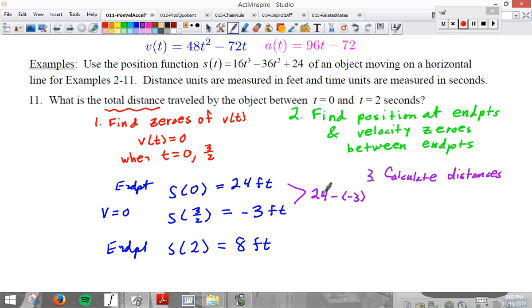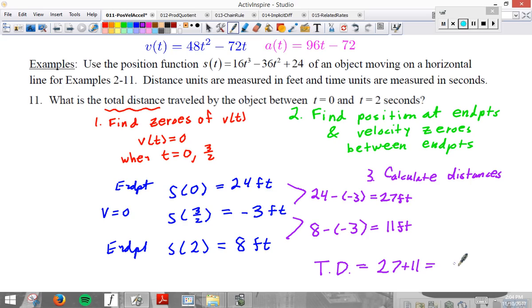We're always going to do the big number minus the smaller number, which will be 27 feet. And here we're going to do 8 minus -3, the bigger number minus the smaller number, and we get 11 feet. So the total distance, TD, equals 27 plus 11, which is 38 feet.